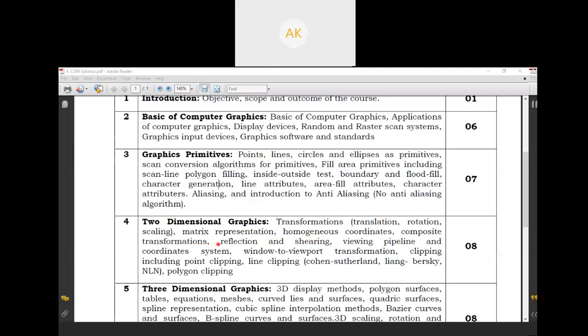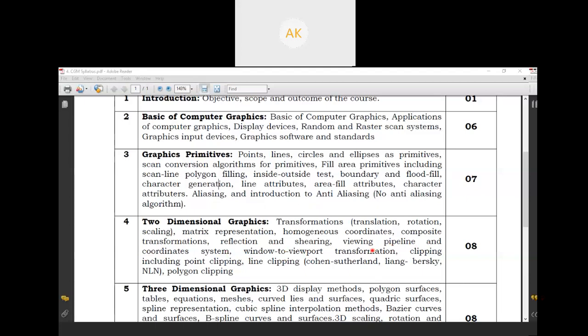Composite means at the same time we are performing more than one transformation, like translation, rotation, scaling, reflection, and shearing. Then how we can perform reflection in computer graphics: reflection of a line, circle, polygon, and point. Shearing, pipelining, and coordinate systems on all these primitives.